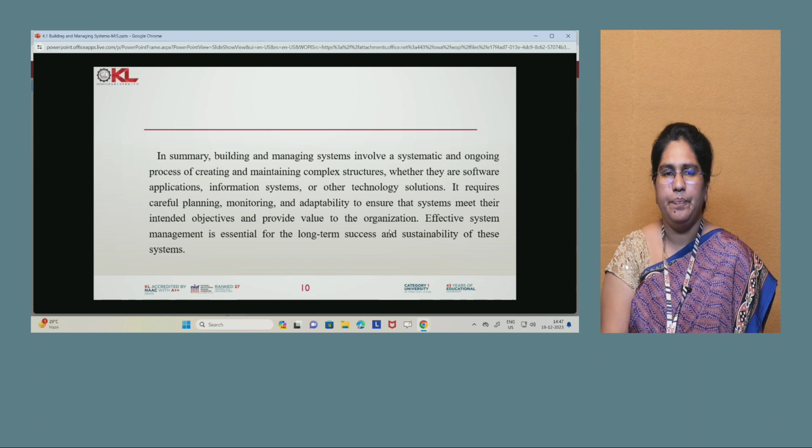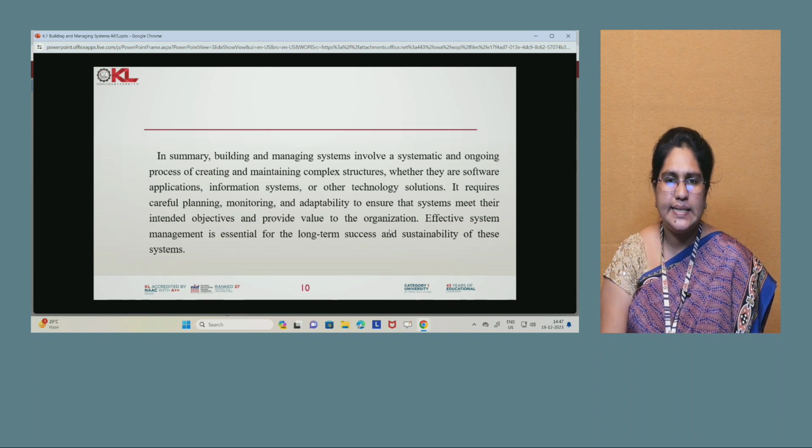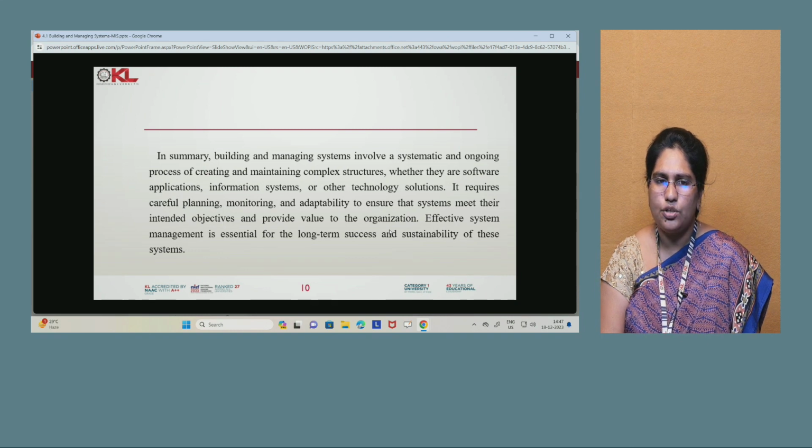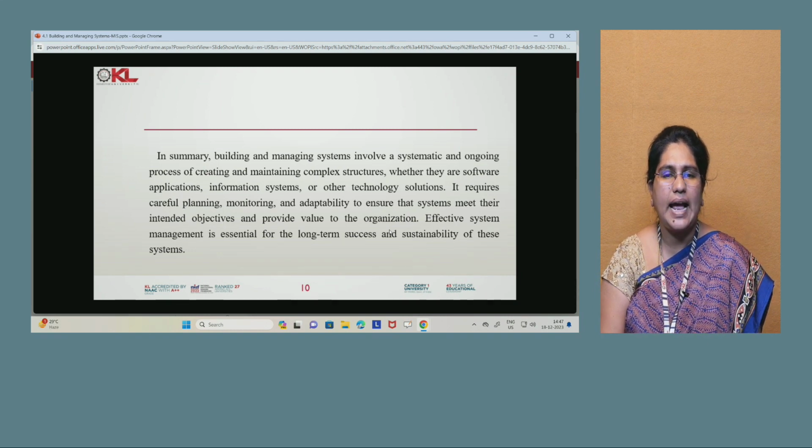In summary, building and managing a system involves a systematic and ongoing process of creating and maintaining complex structures, whether they are software applications, information systems or any other technology solutions. So what is required?